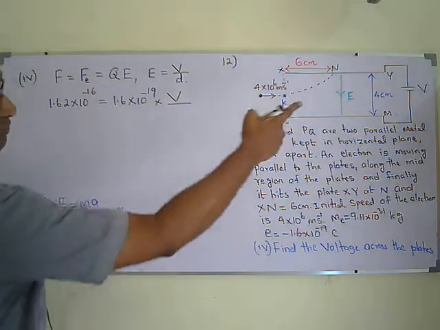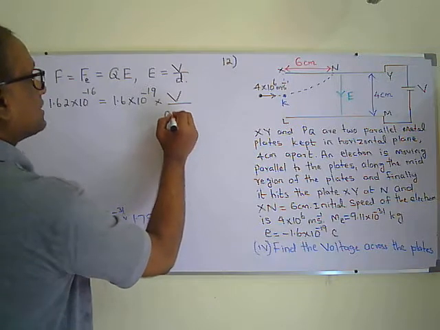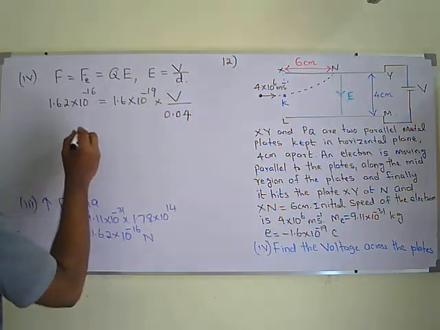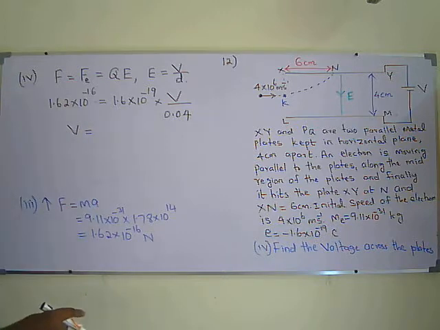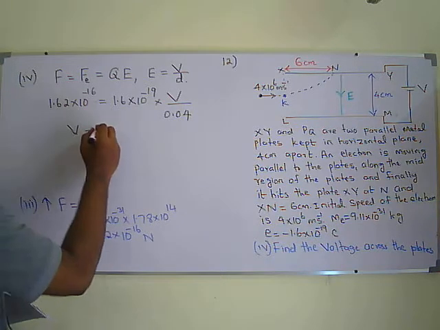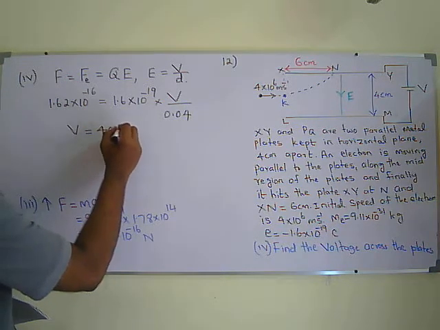The distance is 4 centimeters, converted to meters 0.04. So find V. V will be 40.5. Check your answers. 40.5 volts.